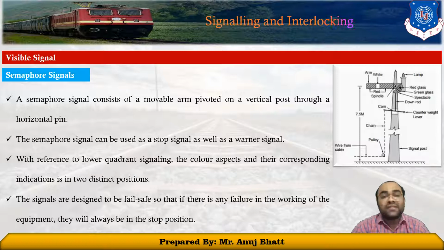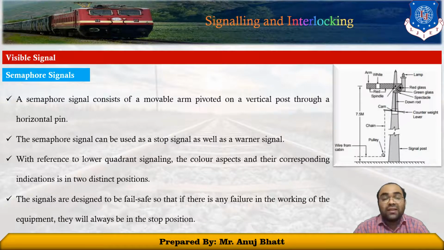In order for the signal to also be visible at night, a kerosene oil or electric lamp is placed and operated through a twilight switch, which is shown in this figure as fixed to the post. A spectacle is also attached to the moving signal arm, which contains green and red colored glass.